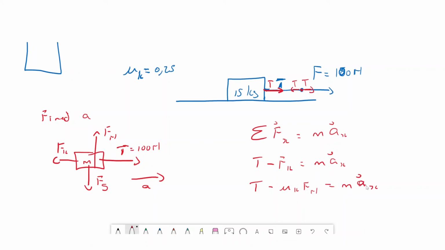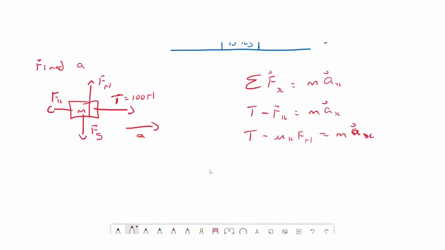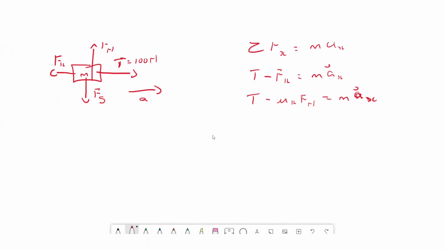Anyway, I'm looking for ax, so that's fine. From here, I don't think I'll be able to do anything, so I'll call it equation 1.